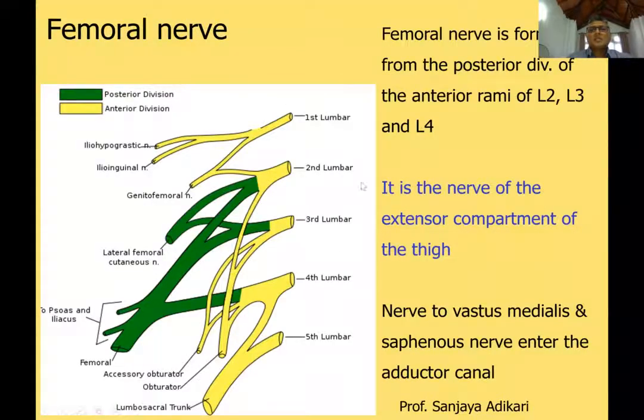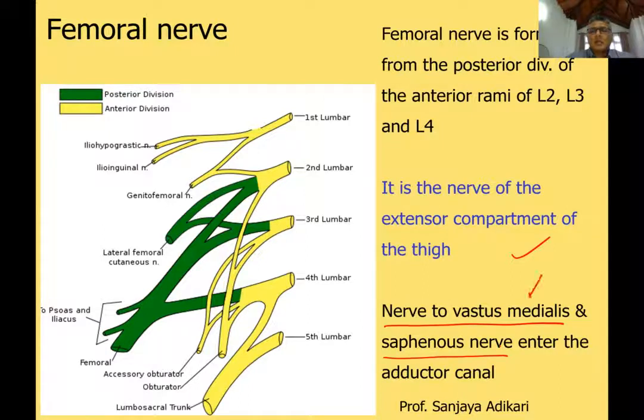So the femoral nerve is the same thing. L2, 3, 4 segments, posterior divisions in this case, same segments as the obturator nerve, and with the nerve of the anterior, the extensor compartment, and the two branches, the nerve to vastus medialis and the saphenous nerve, they enter the adductor canal.